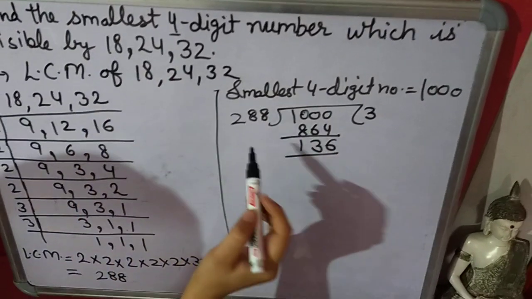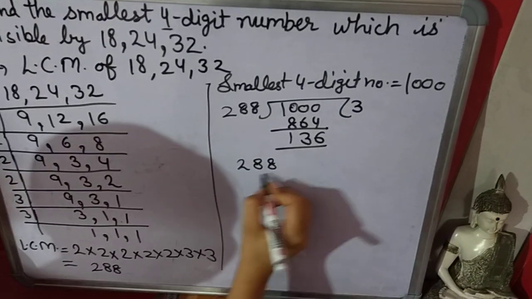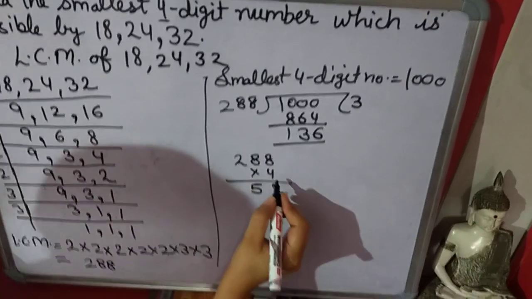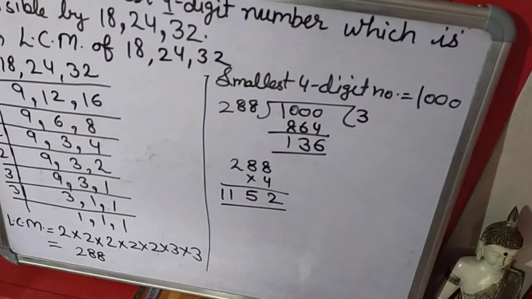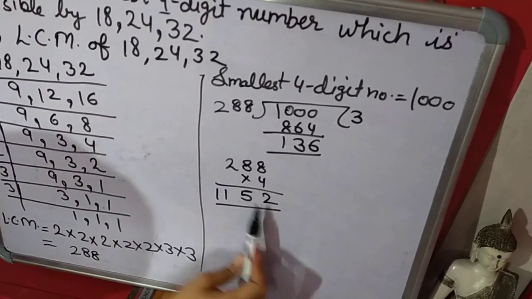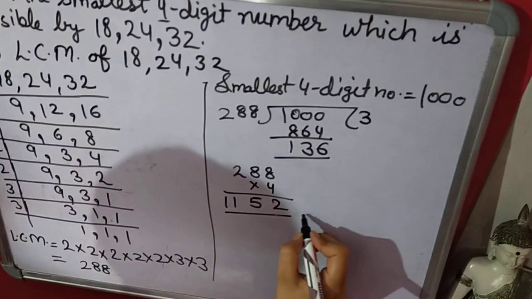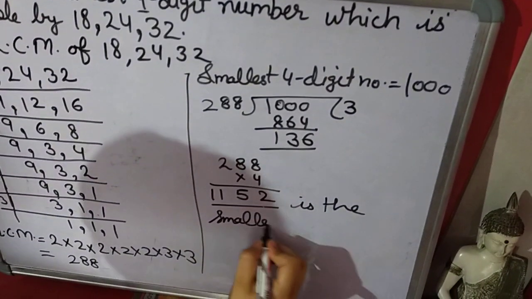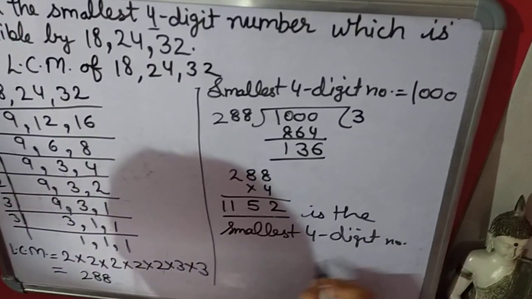For the smallest 4-digit number we will take the next multiple. 288 multiplied by 4 will be 1152. So this is the smallest 4-digit number which is divisible by 18, 24 and 32. It's the smallest 4-digit number. Answer.